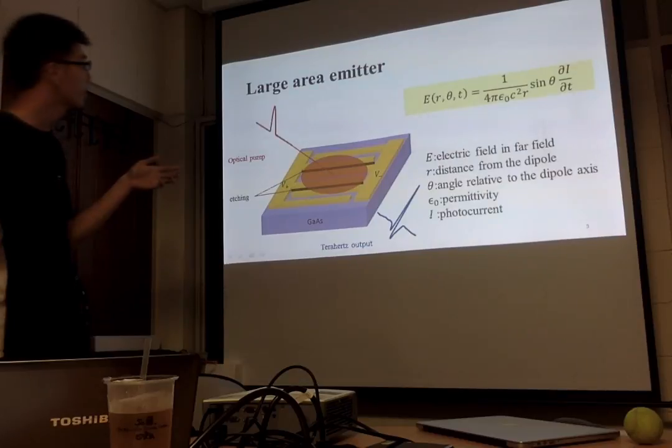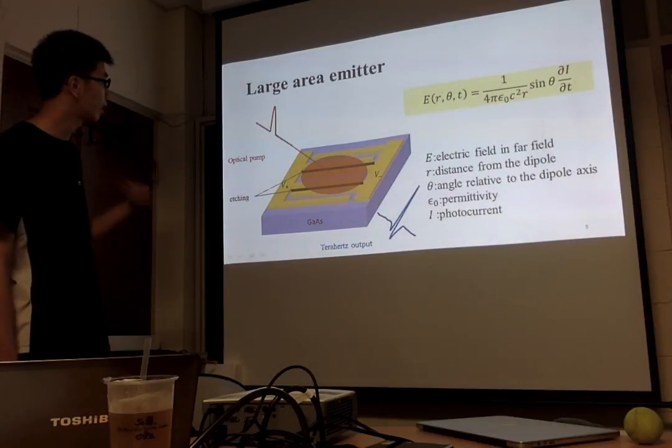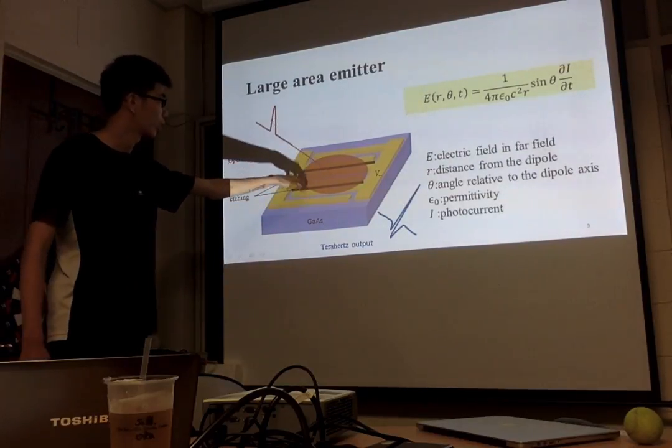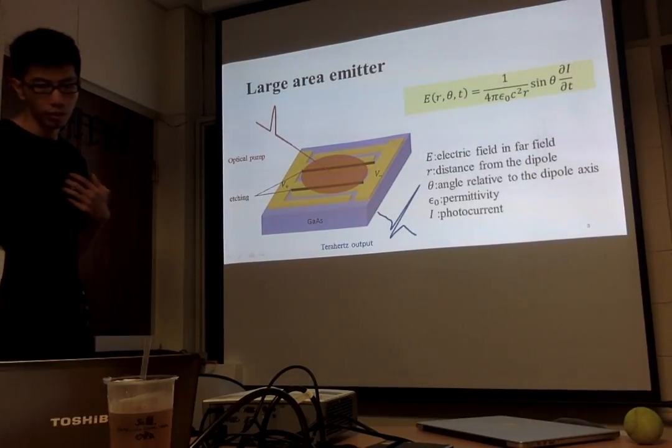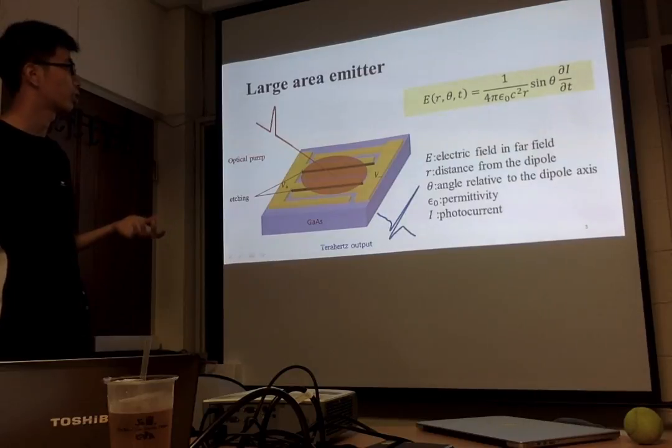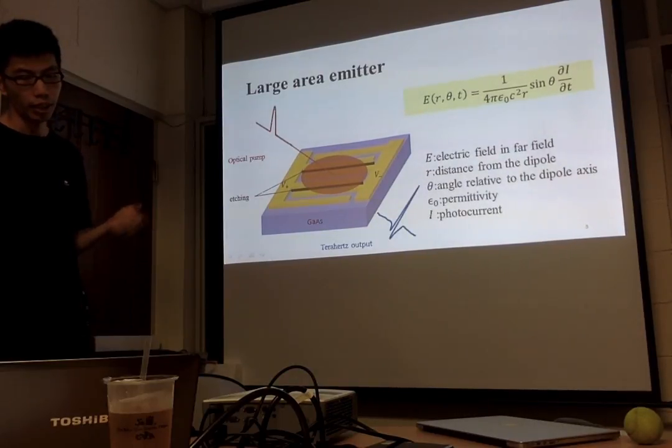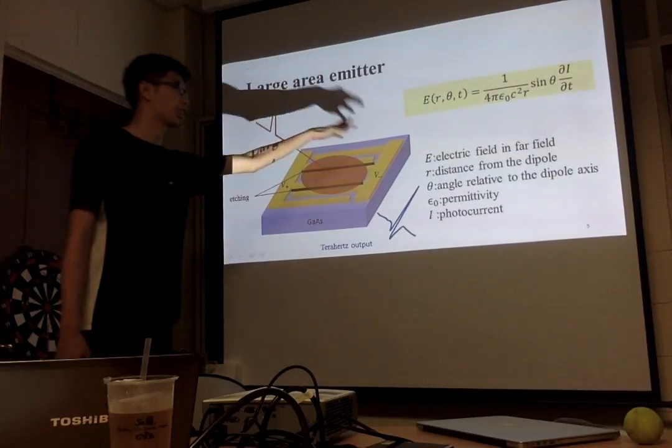When the light shines inside the active area here, photocurrent is generated, and then they look at this term.